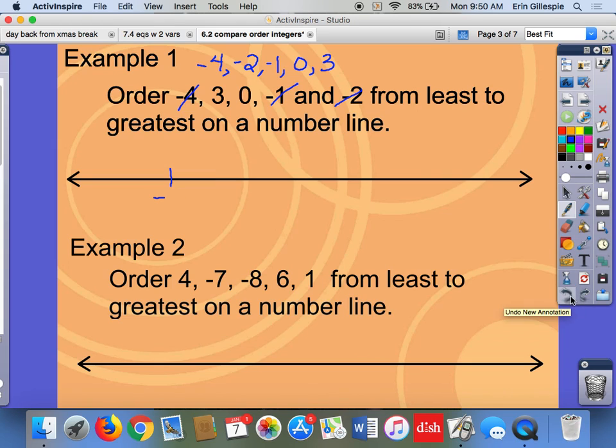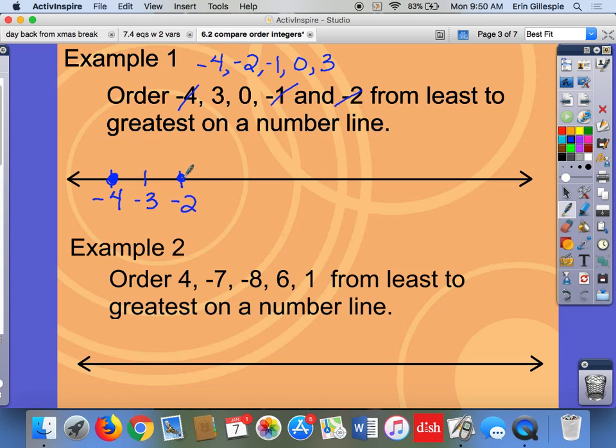So I want to start with what is my least number, -4. Put that towards the end of my number line here. You're going to put a dot on all the lines that actually represent a number from your solution, from our answer here of numbers that we put in order from least to greatest. The next number would be -3. Well, that's not one of my numbers here, but that would be next if I'm counting by ones, which I'm going to do for this one here. Then I've got -2.